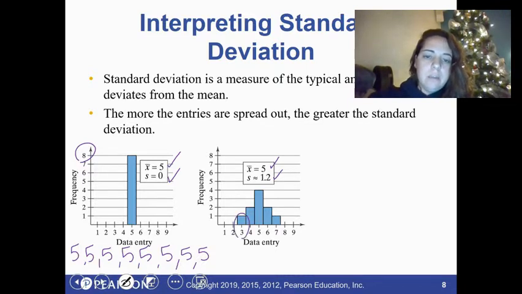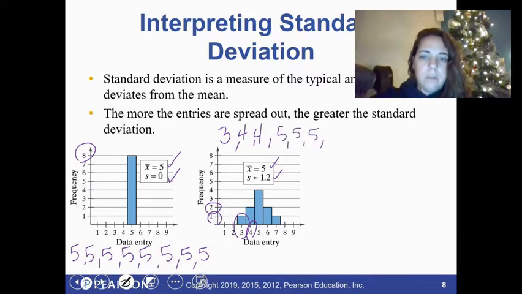Well, it looks like there's one number 3, right? On 4s, there were 2 of those. So 4, 4. 5s, it looks like there were 4 of those. So 1, 2, 3, 4. And then there are 2 6s. And then there was 1 7.